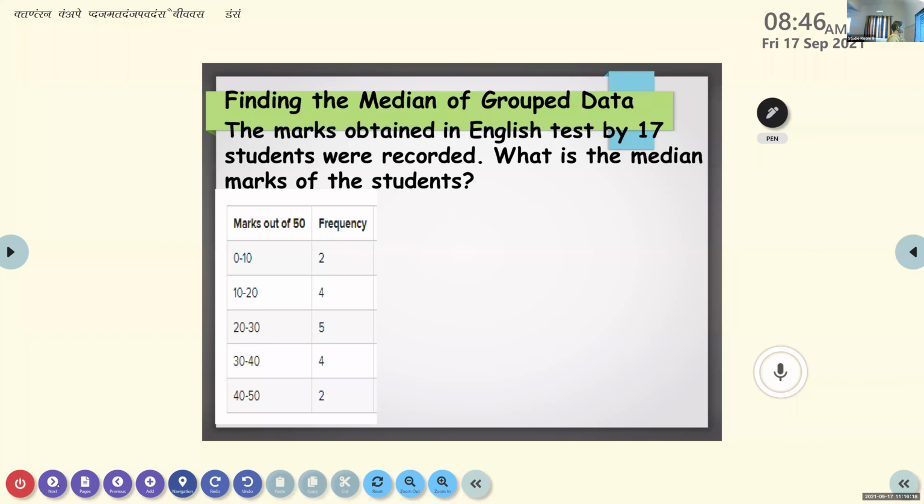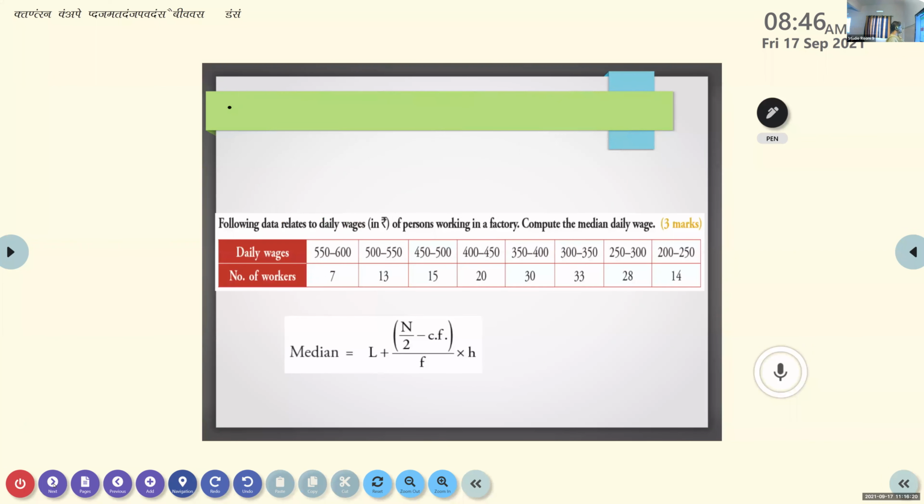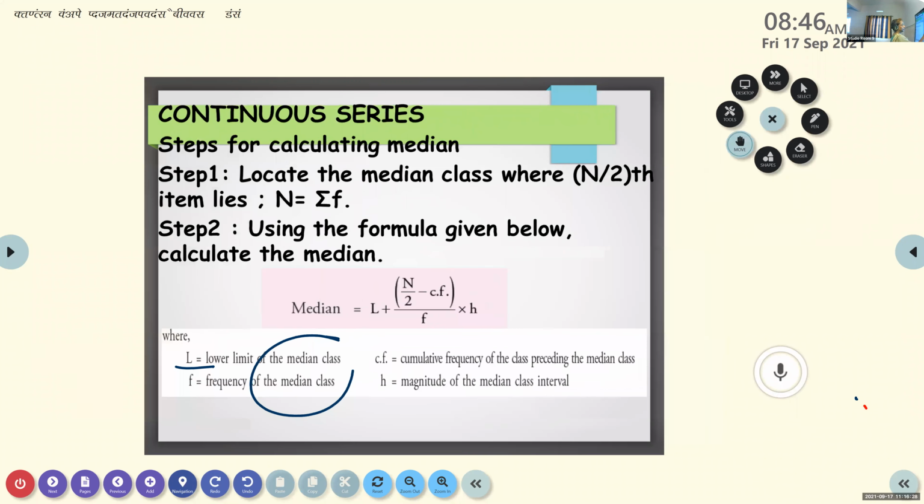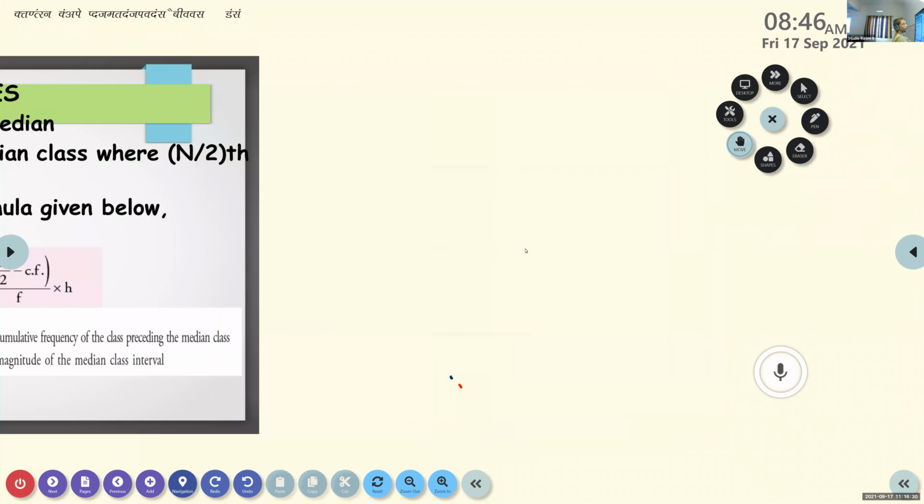Now, this is an example for finding the median for grouped data. Before that, I will show you one example. If the numbers are like this, 0 to 10, 10 to 20, it is an example for you.